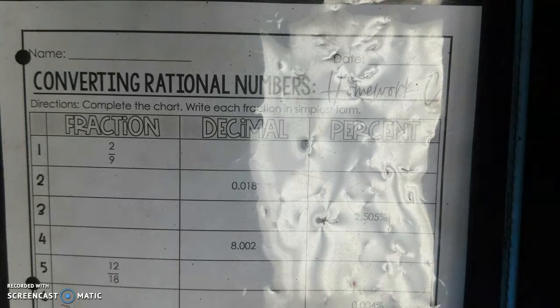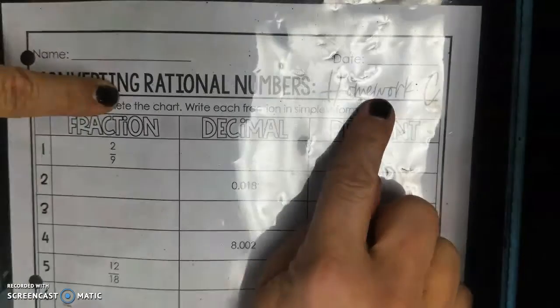Yesterday, if you missed the video, you need to get with somebody and get those notes. Then you had a choice between 3 different worksheets that you could do for homework, to be done yesterday. And today, you'll need to complete the homework C page right here, converting rational numbers, and the exit ticket.